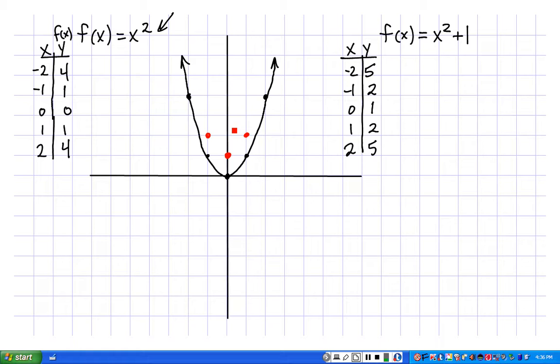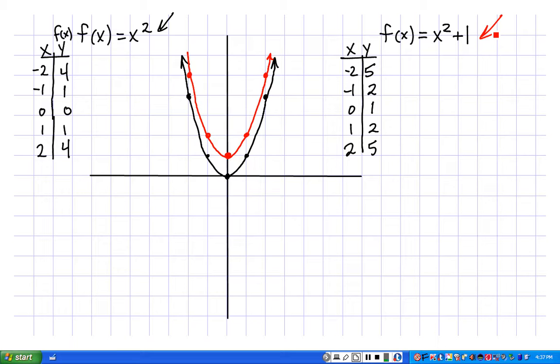At negative 2, y is 5. And at positive 2, y is 5. So what we see here is a graph that would look like this. The red would be this function, f of x equals x squared plus 1.